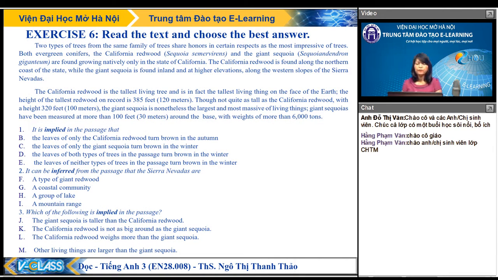Now, let's practice applying our theory to do exercise 6 here. The letters are a little bit small, but I hope that you can see them clearly.